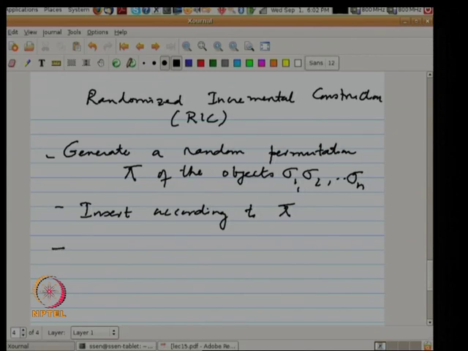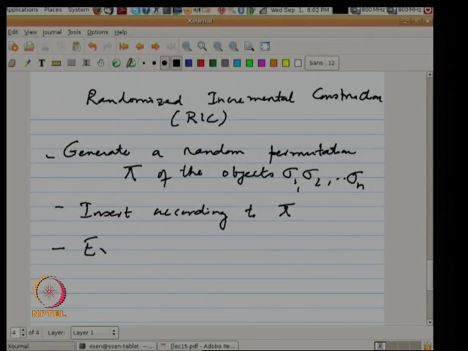Then how do we measure the running time, the cost of this? You basically take the average over all possible permutations. So the expected running time is the average.